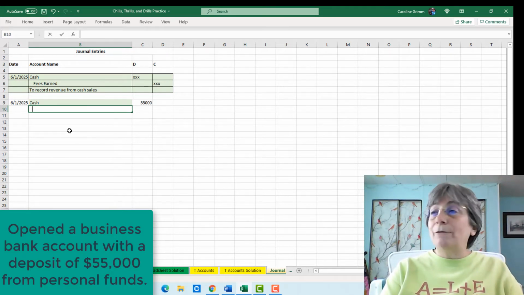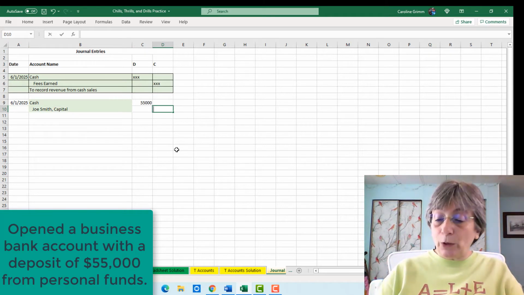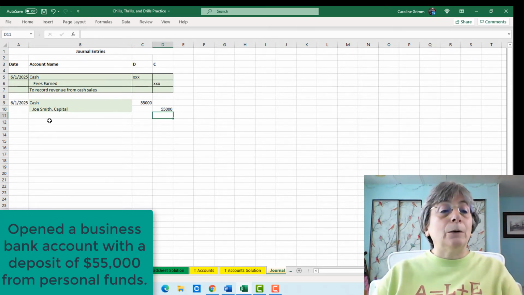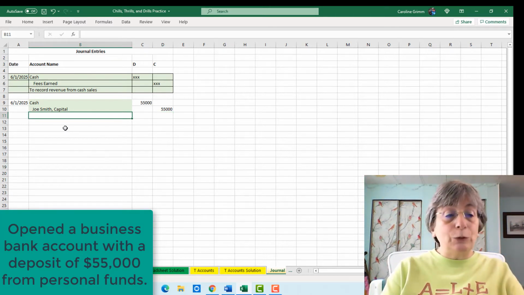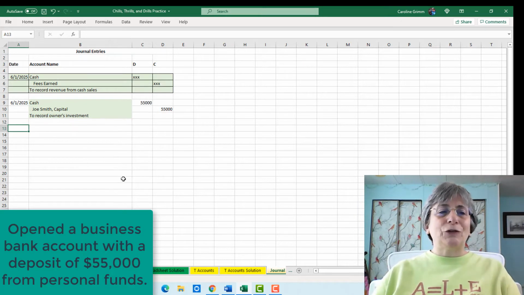So in this case, we have an account called Joe Smith Capital. And we're going to come over here on our credit side and we're going to put $55,000 in. Boom, there we go. And then our description would be something like to record owner's investment. Journal entry done. Look at that. Woo, this is so exciting.